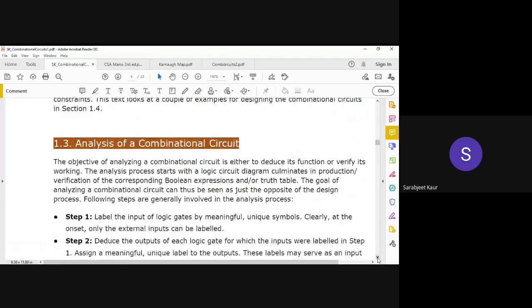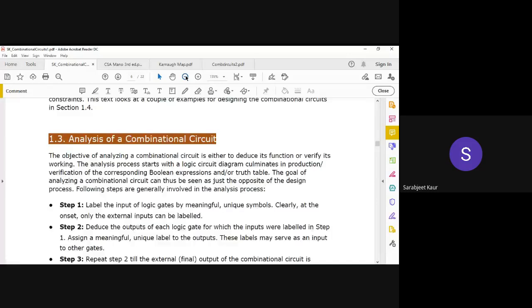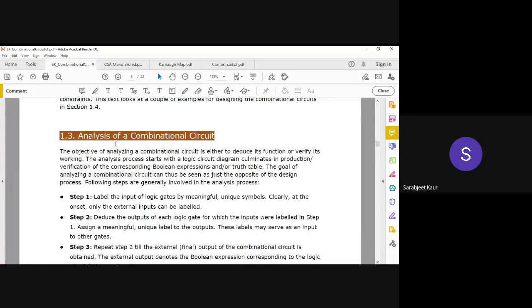So, analysis of the combinational circuit. The objective of analyzing a combinational circuit is to either deduce its function or to verify its working. The analysis process starts with a logic circuit diagram and culminates in the production or verification of its corresponding Boolean expression or truth table.